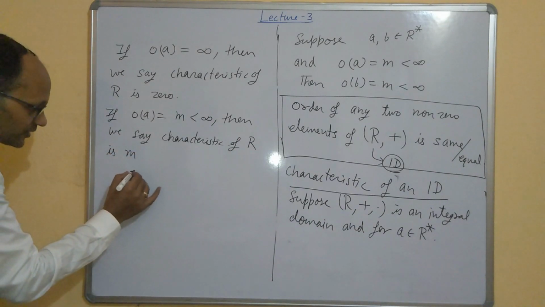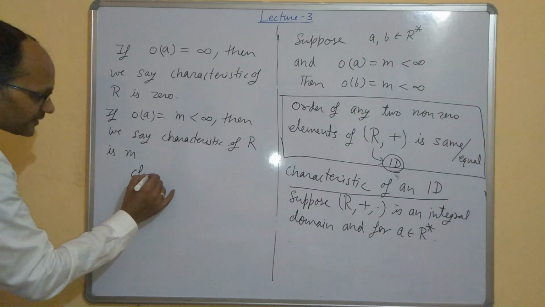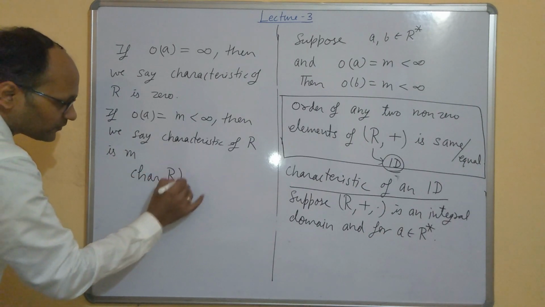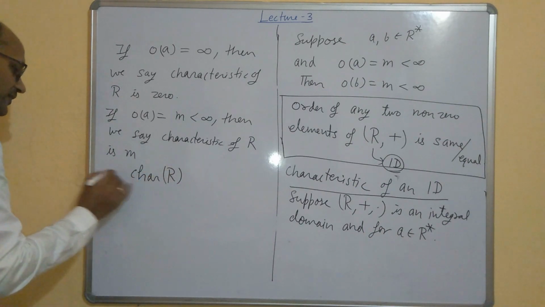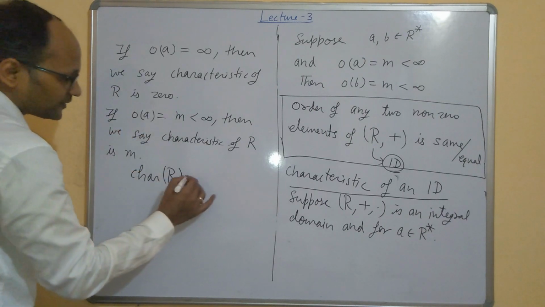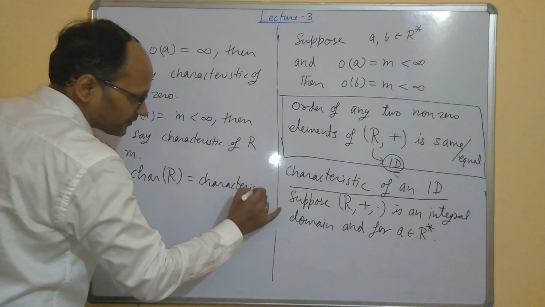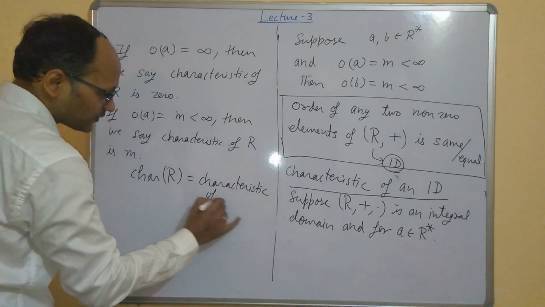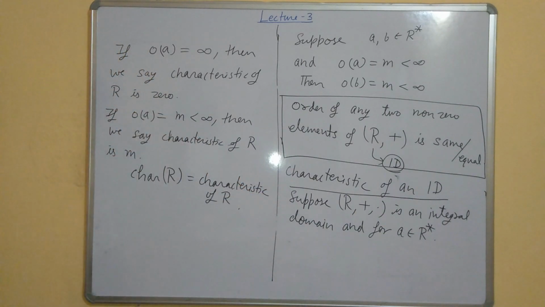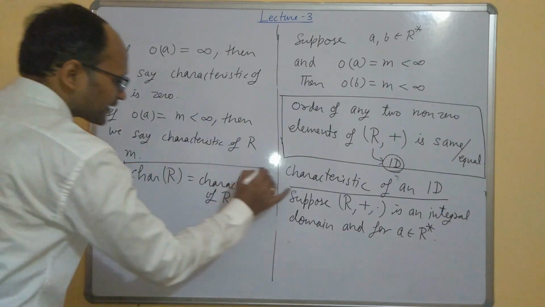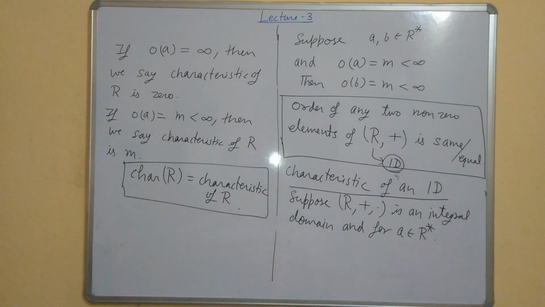We simply denote the characteristic of R as char R. So this is the notation to denote the characteristic of R.